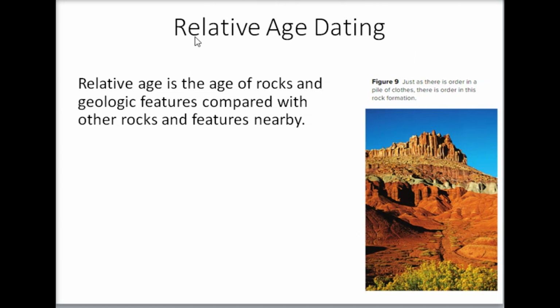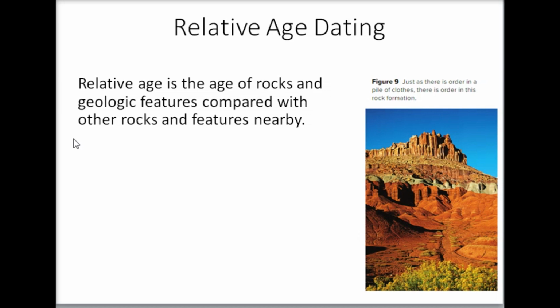Now, as you can see from the computer screen, I'm going to be working straight off my PowerPoint, and it gives you a little definition of what relative age dating is. In simple terms, whenever you use the word relative, you're always comparing one thing with another thing. For instance, the relative age of your father compared to yourself is that he is older.